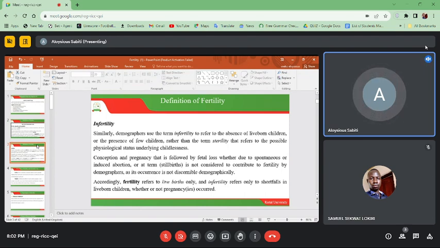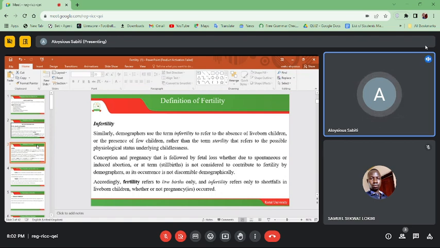So when a child is born, when we're talking about fetal death, either a macerated stillbirth or a fresh stillbirth, we do not consider those as some of the factors that are contributing to fertility, because demographically it does not agree.